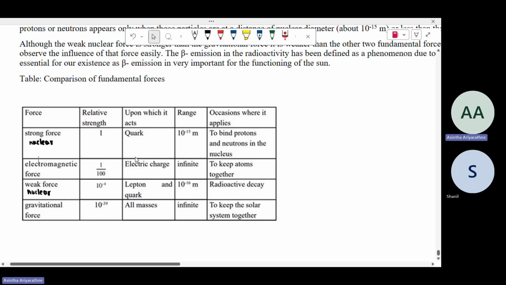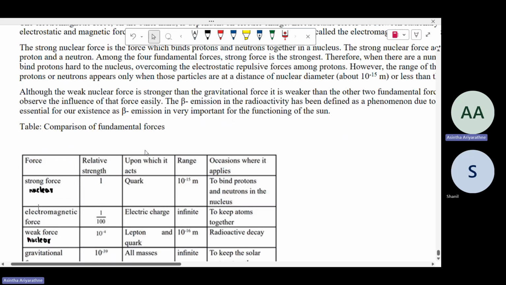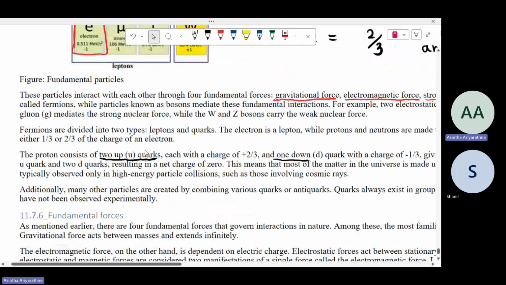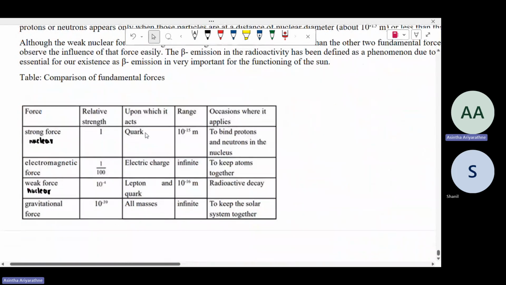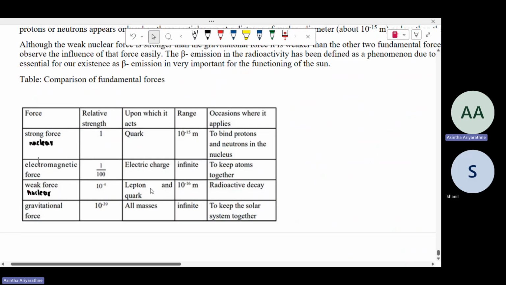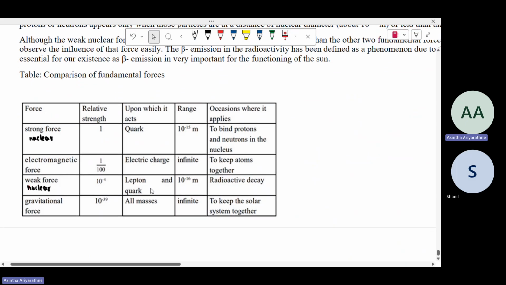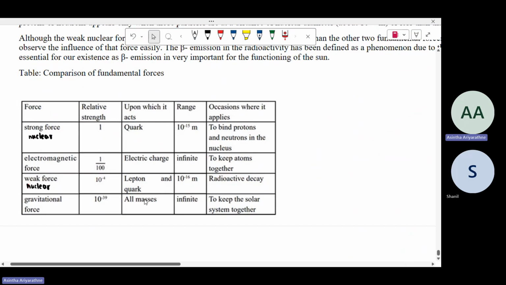Strong nuclear force acts on quarks. Quarks are bound using the strong nuclear force, and electromagnetic force acts between electric charges, weak nuclear force between leptons and quarks, and gravitational force between masses.